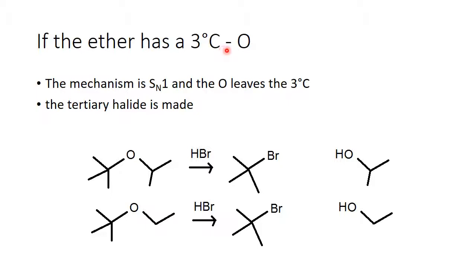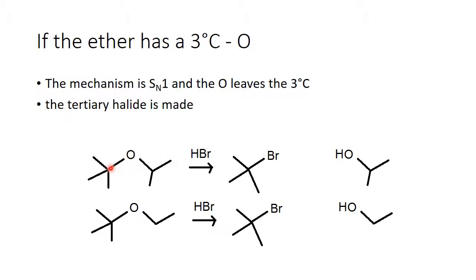Now, if the ether has a tertiary carbon, then you have to look for the SN1 reaction that will occur fastest. So let's look at this ether right here. We can see this is tertiary, this is secondary. So what happens? This oxygen becomes protonated and this group leaves as the alcohol.